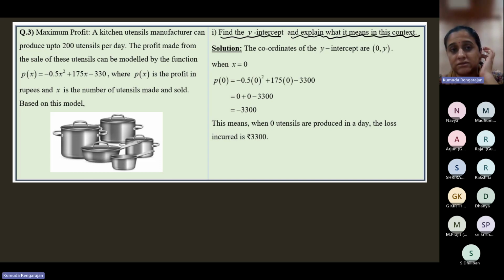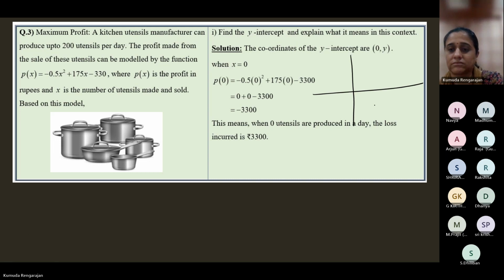Now this one you can see is negative, so it opens downwards. Okay, so this one. This is the y-intercept. This one is the y-intercept.